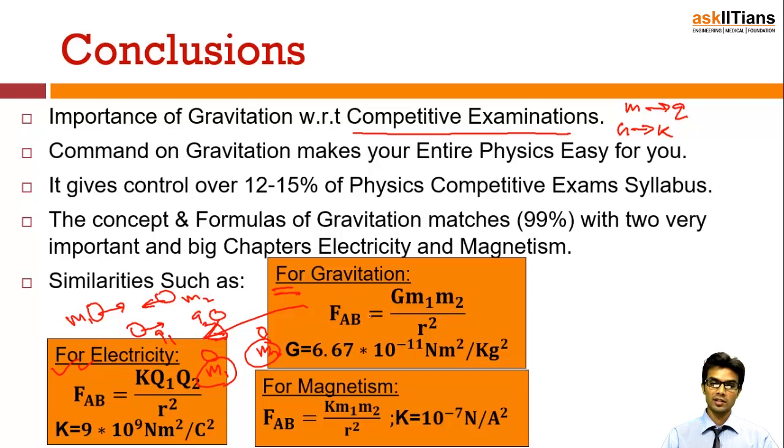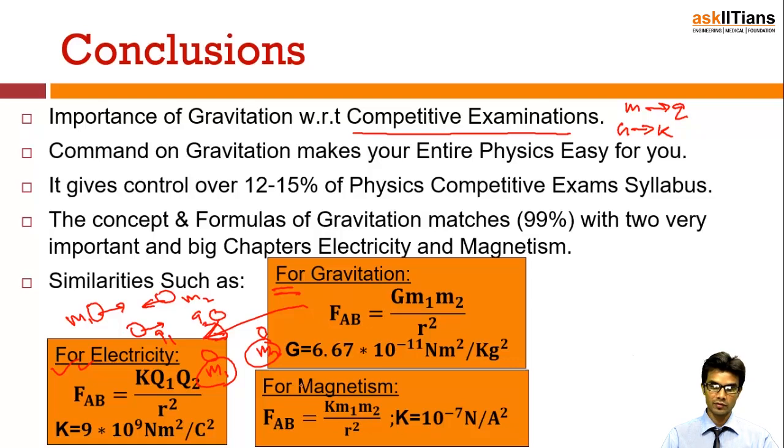See what the similarities are. G m1 m2 / r², k q1 q2 / r², k m1 m2 / r², all are forces. This is the force between two masses, this is the force between two charges, this is the force between two magnetic poles. Here G is the constant, here k is the constant, here k is the constant.